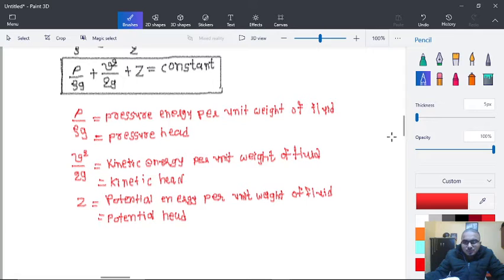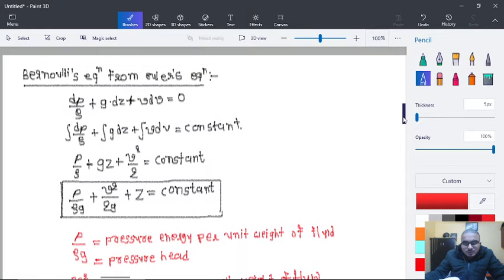So this is all about Bernoulli's equation for ideal fluid based on Euler's equation.